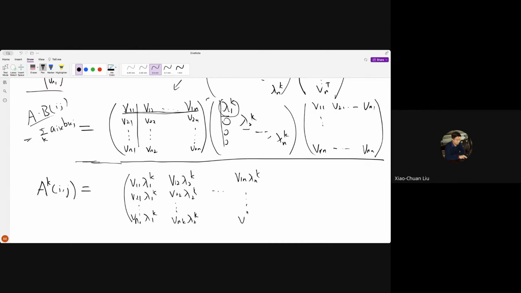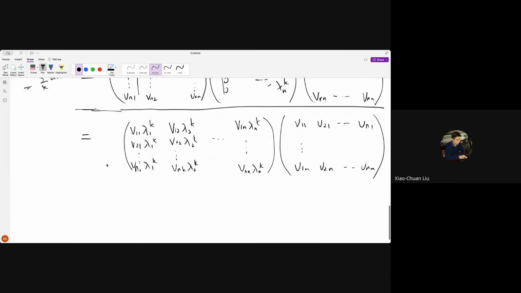I don't know, maybe if you use sum symbol, make it simpler, but to be careful, let's do this in a very complicated way, but more elementary. So we have this and vn1. So this is again ak. Okay, it's again ak, and v1 and v2 and until vn, something like this.